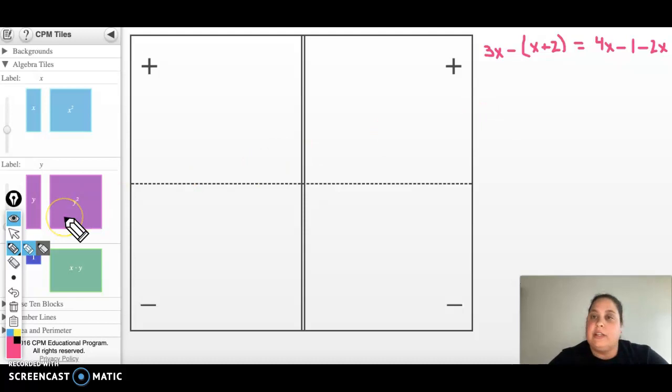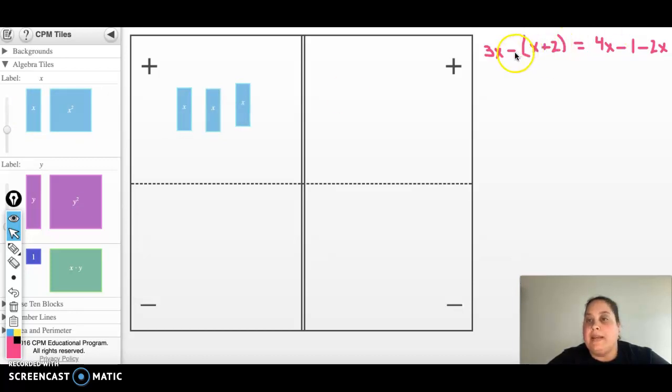Again, a little bit longer and more complex. So first things first, if you want to pause this and try it yourself, first thing we are going to do is create that on here. So let's see, I have 3 x's. And then on my minus side, I have another x, because it's a positive x, and I have 2.